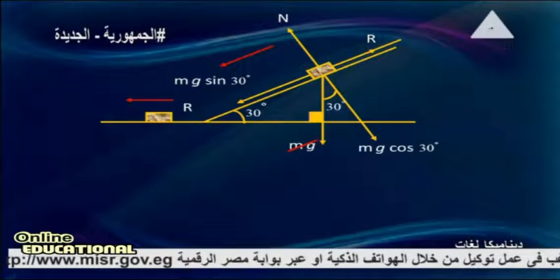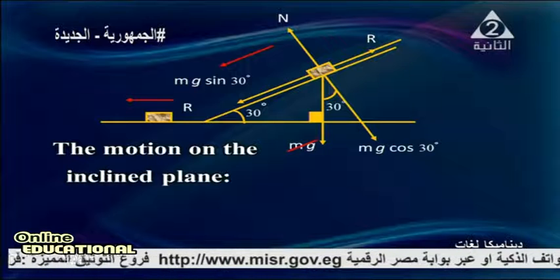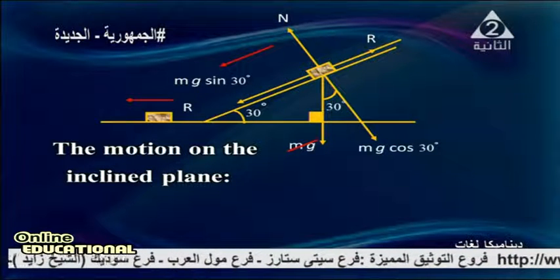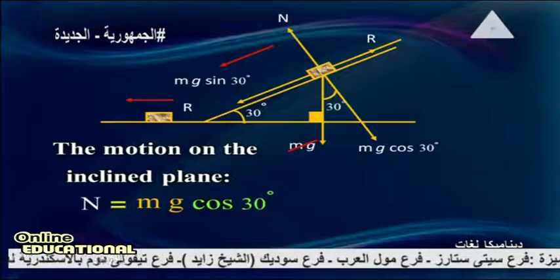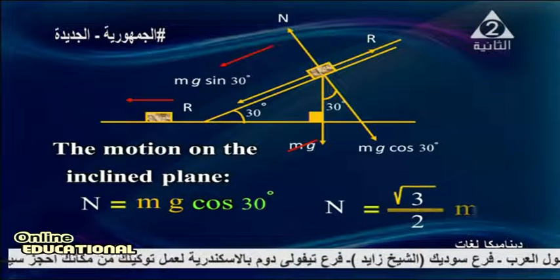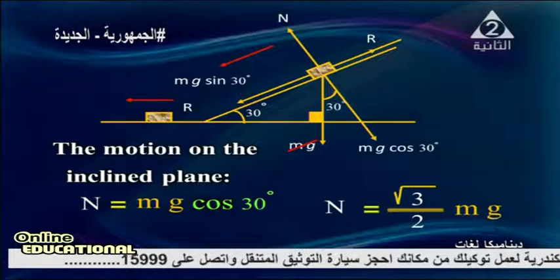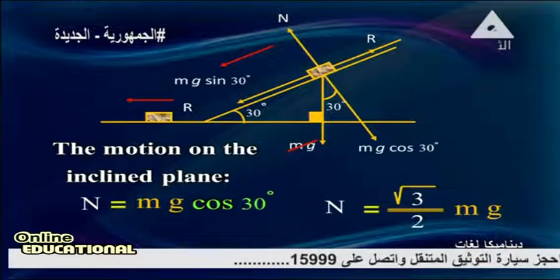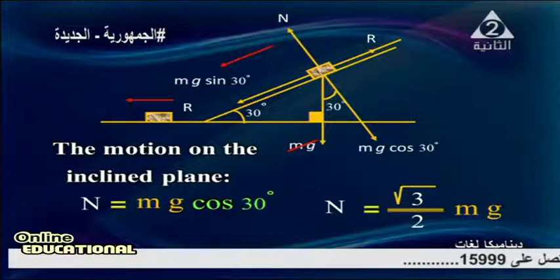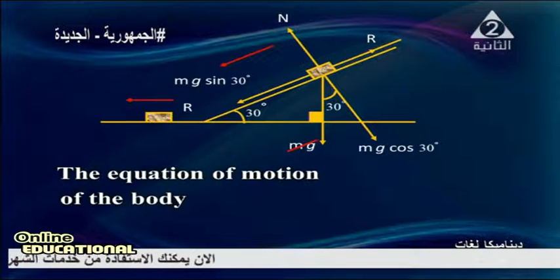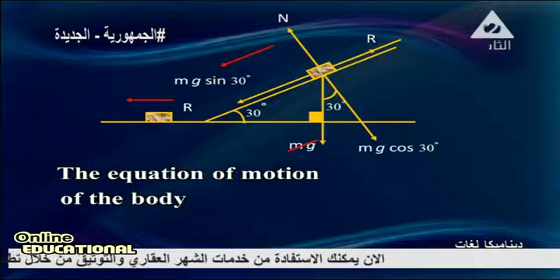Now we start with the motion on the inclined plane. N equals mg cosine 30, cosine 30 is root 3 over 2. Then the normal reaction N equals root 3 over 2 mg. What is the equation of motion of the body on the inclined plane?